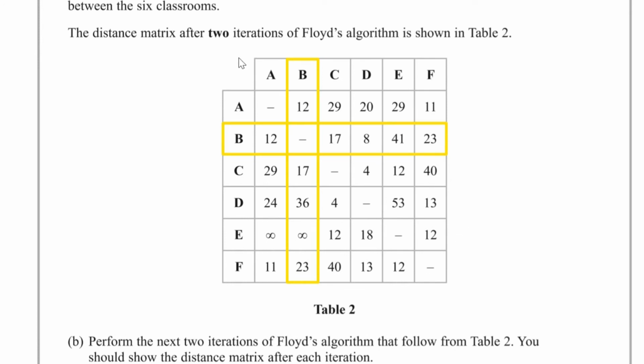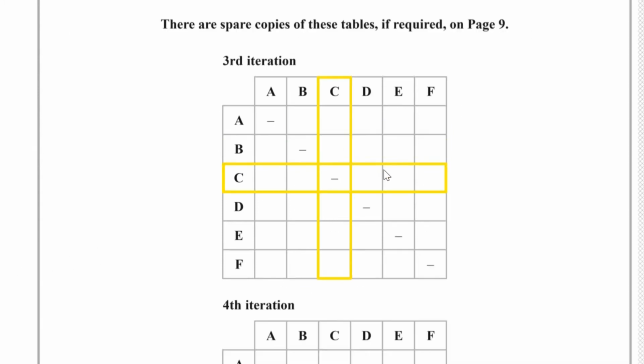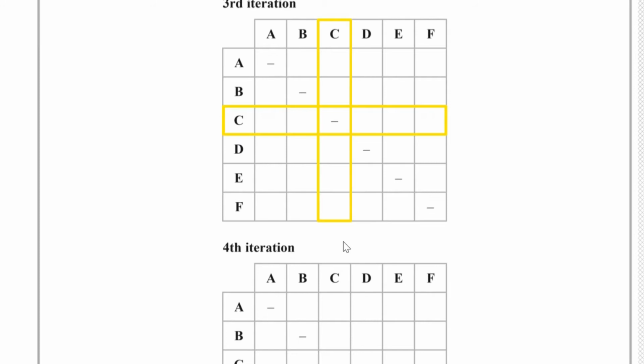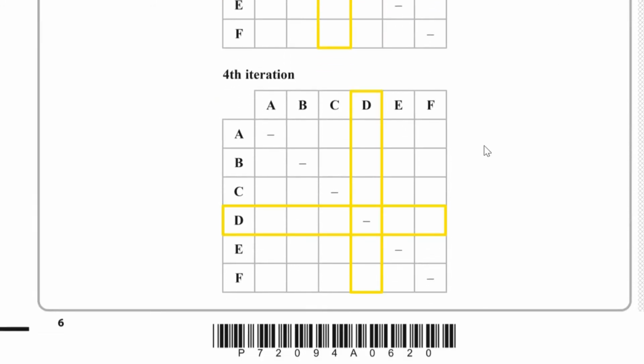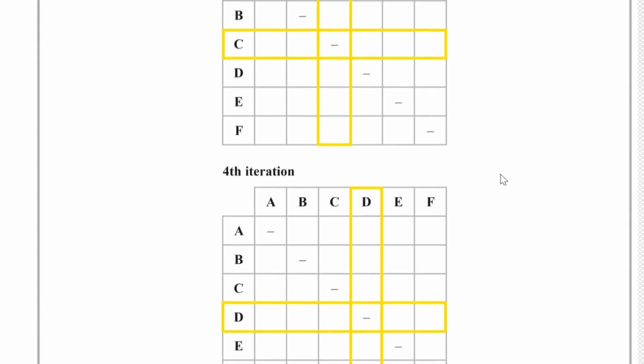So after 2 iterations, B has been considered, so we have to consider the C's remaining the same, and on the 4th iteration we've got the D's staying the same.